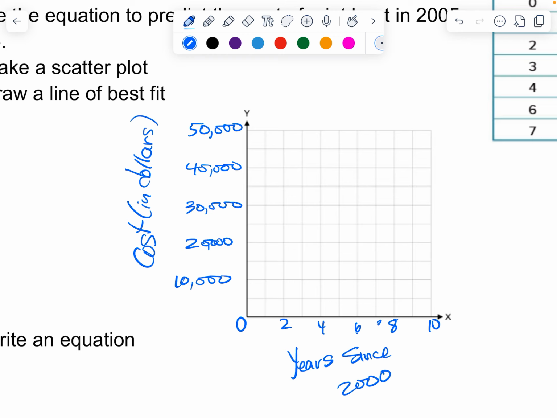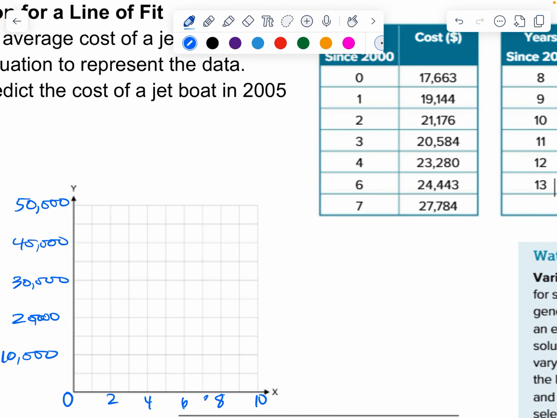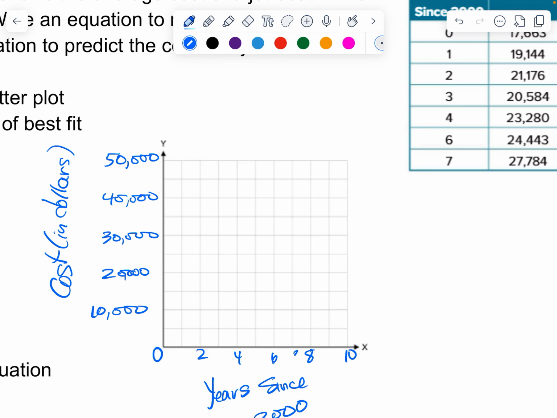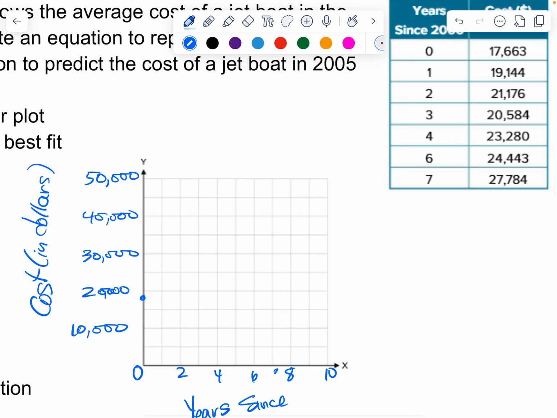Okay. So 0 is 17,663. 17,663 is about here. 1 is 19. Okay, so that's about here. 2 is 21. So somewhere right here. Then we go back down to 20. 4 is 23.